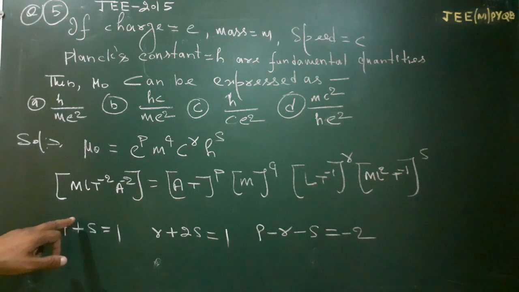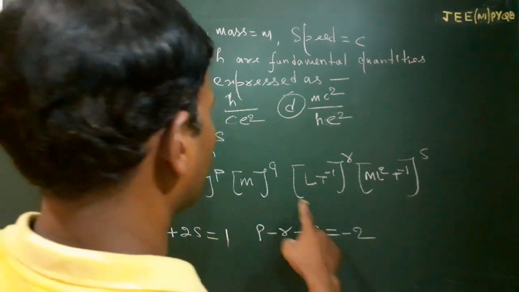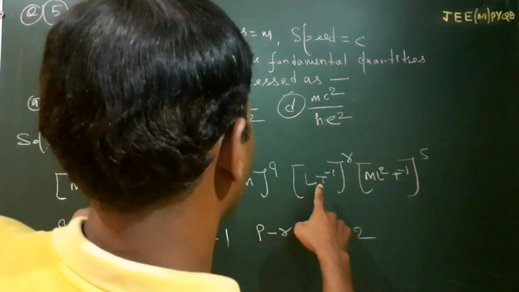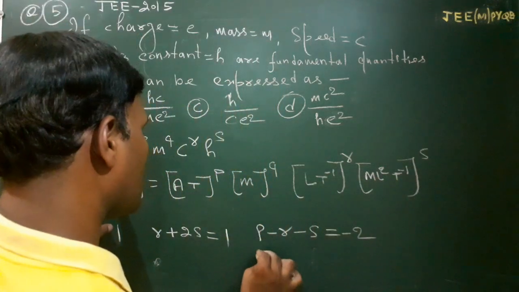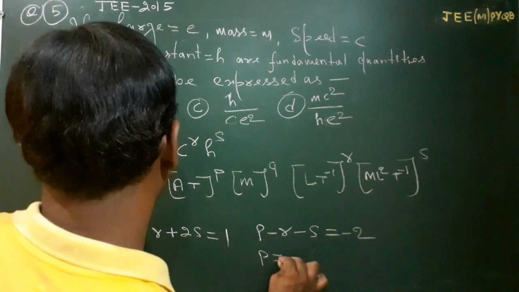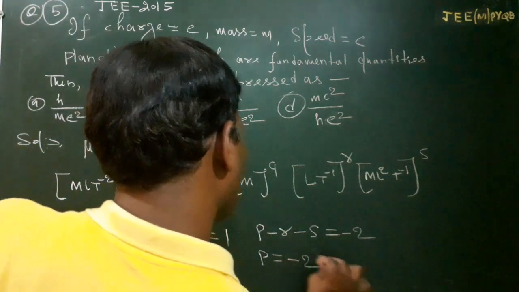And now for A to the minus 2, minus 2 comes only from P, so P is equal to minus 2.